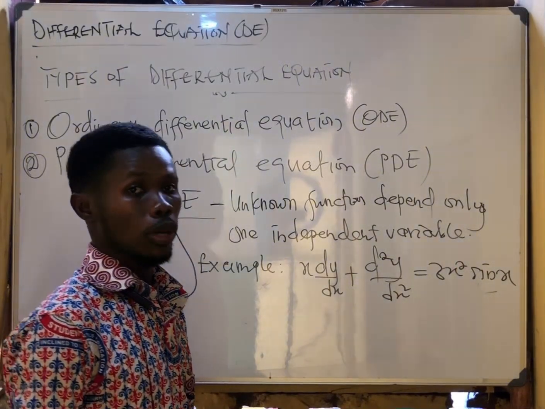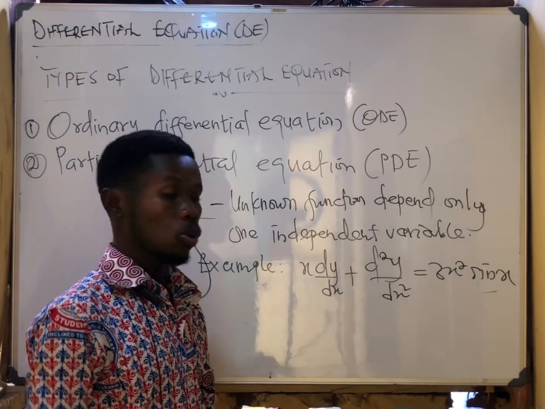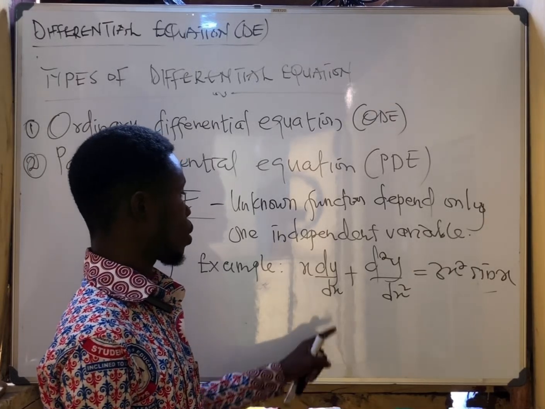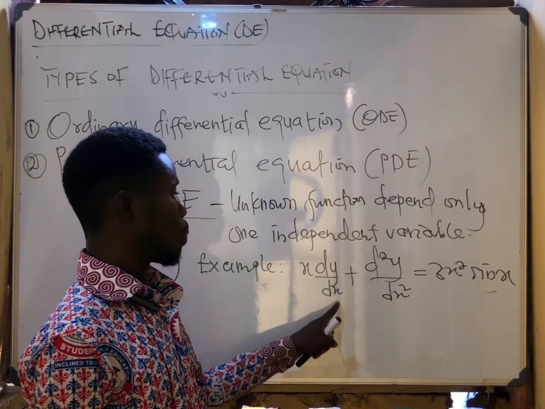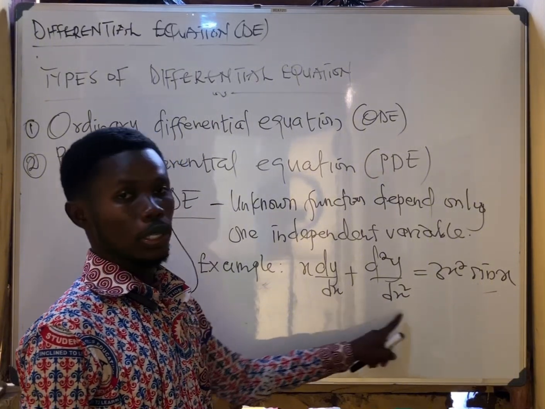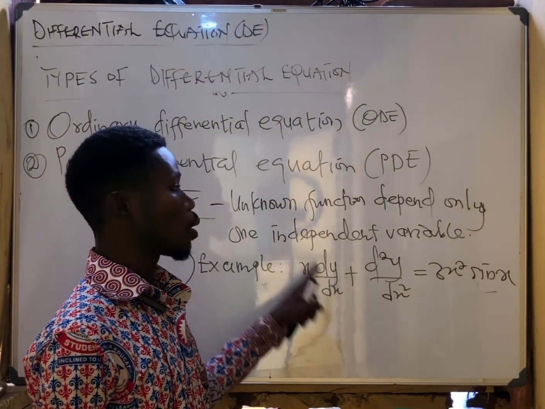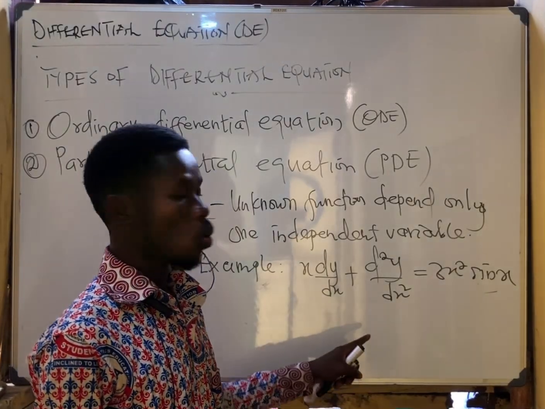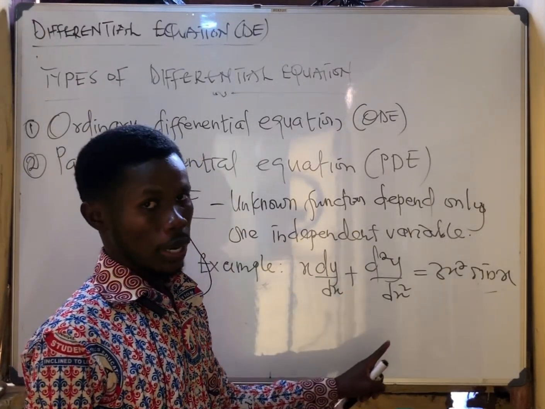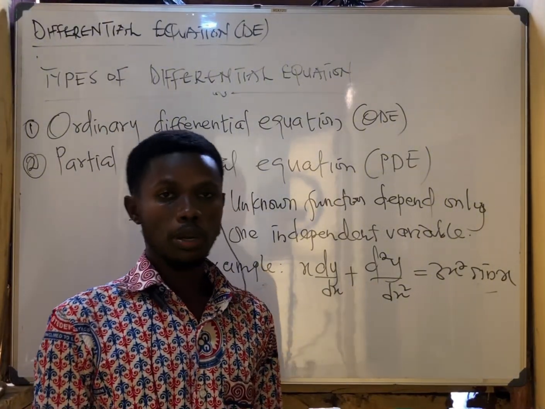Now looking at this one, it becomes an ODE, because the unknown function is y, and it depends on only one independent variable, which is x. When it comes to a PDE, the unknown function depends on two or more independent variables. So that's the difference. But our focus is going to be the ODE. Is that okay?